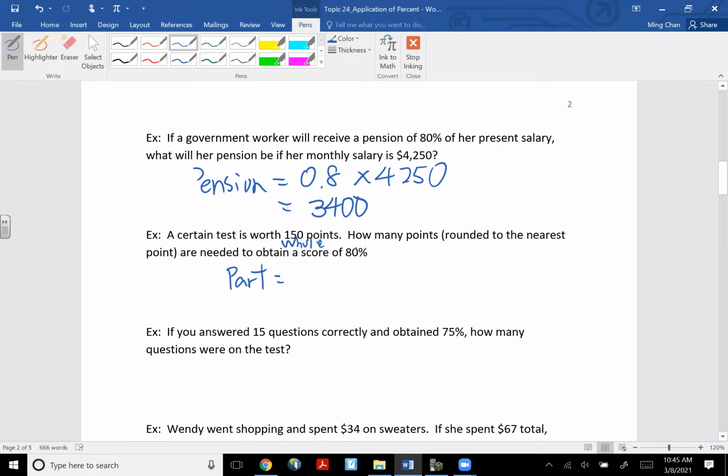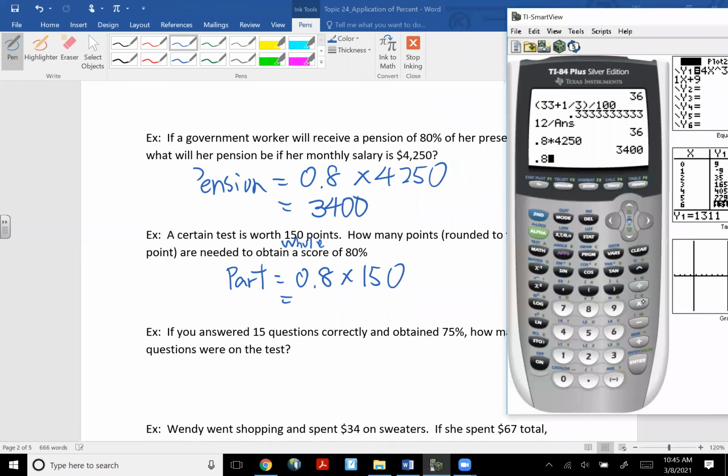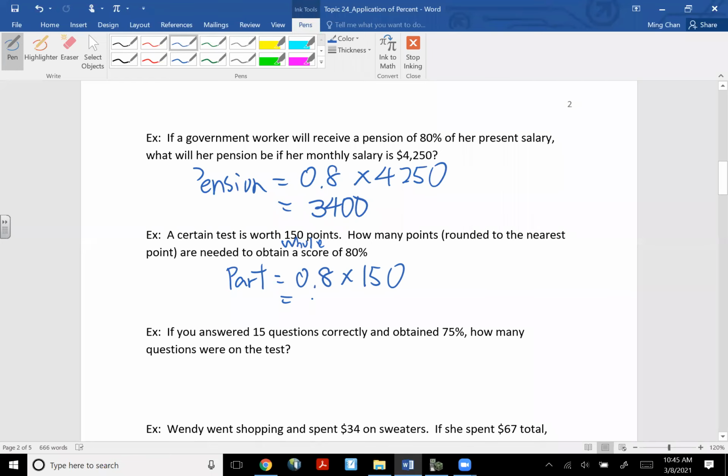Okay, so how many points out of 150 is equal to 80%? That's what the question is really saying. So we take percent 0.8 times the whole to find part. So 0.8 times 150 is 120. So 120 out of 150 will be 80% of the grade.